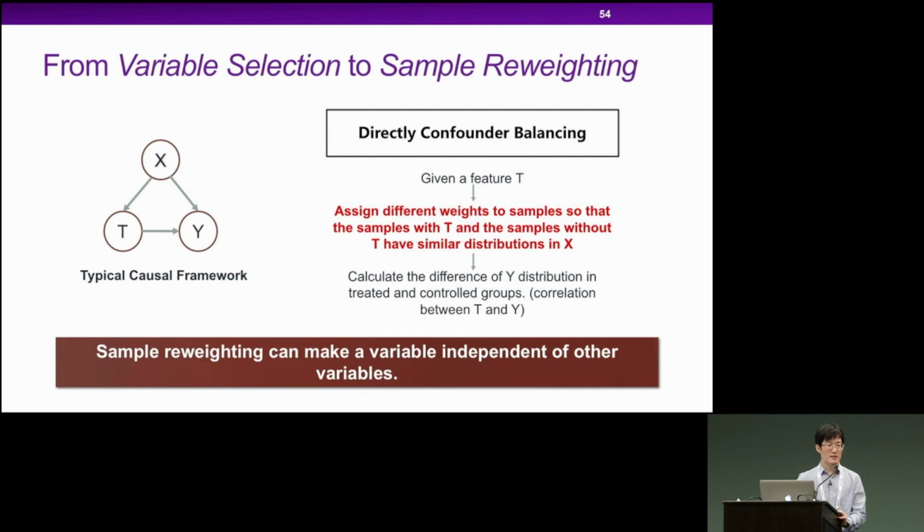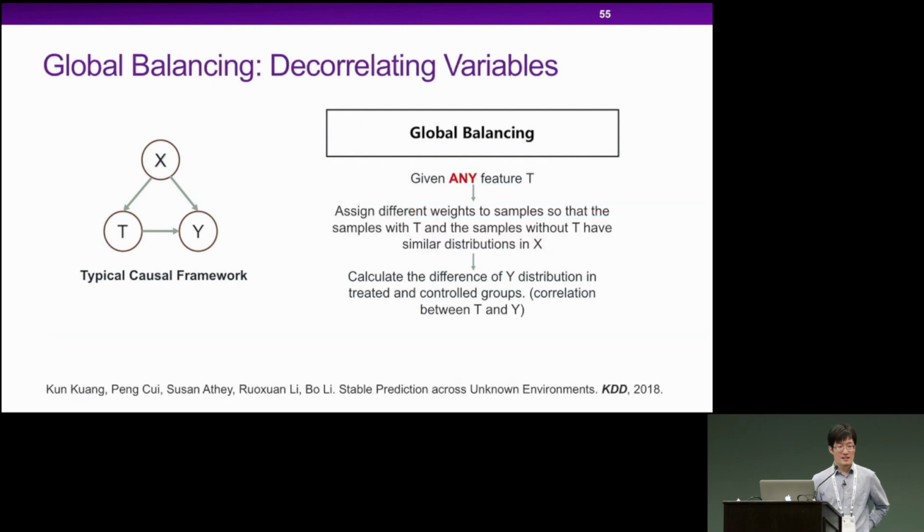But the problem is, for one given t, given one variable, we need a set of sample weights to make it independent, right? Of course, this is not a natural learning setting. So the problem is whether we can find a set of sample weights that can decorrelate all of the variables, right?